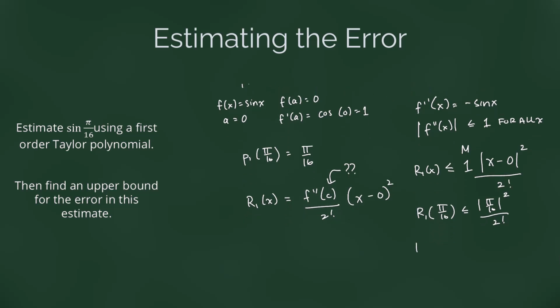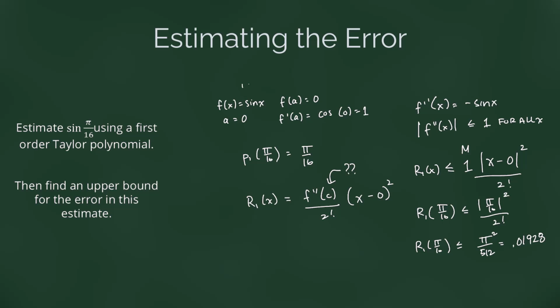So our error is less than or equal to pi squared over 256 times 2, which is 512. And that value is 0.01928.